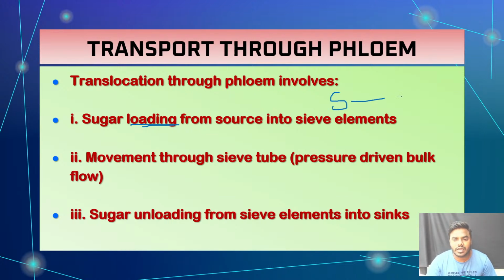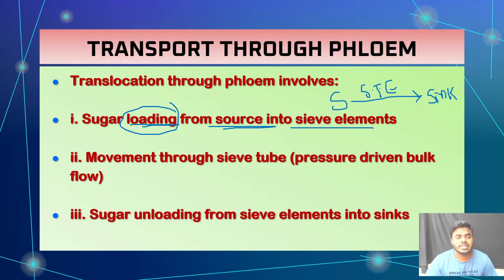So what is the ultimate goal? The ultimate goal is we want to transport the sugars from the source to the sink via sieve tube elements. We all commonly know that. So friends, first we are loading the sugar from the source into the sieve element. What is the source?